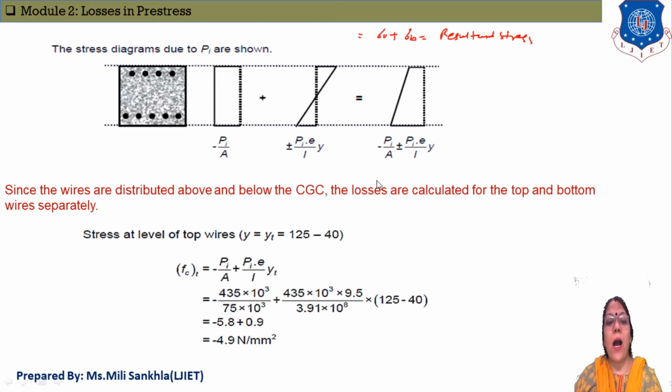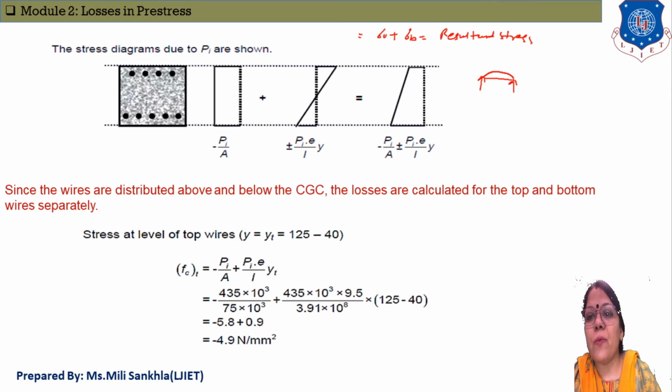Now after deflection, what happened? In the theory portion of the introduction we already discussed that after deflection the pre-stressing member bends like this, meaning tension in the top zone and compression in the bottom zone. Clear? In reinforced concrete the criteria is different.